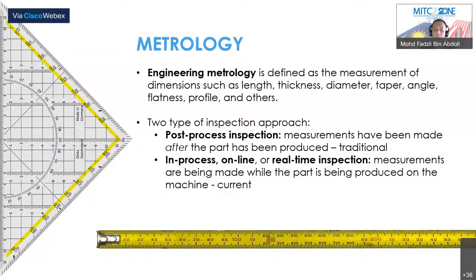Maksudnya tak perlu tunggu sebelum dah siap part baru kita measure. In situation sekarang ni, biasanya during the machining we can inspect the parts. How much the length, how much the angle, semua tu kita boleh buat inspection secara real-time inspection ataupun online inspection. Okay.